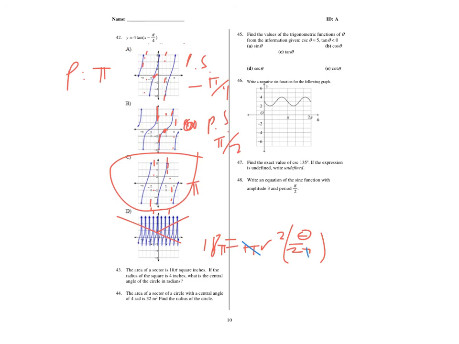So 18 pi equals 4 squared is 16 times theta over 2. And so that's really 8 theta equals 18 pi. Divide by 8. And that's 9 pi over 4.